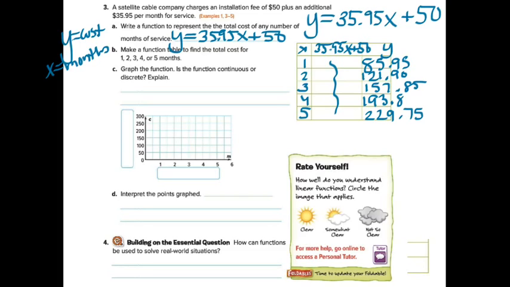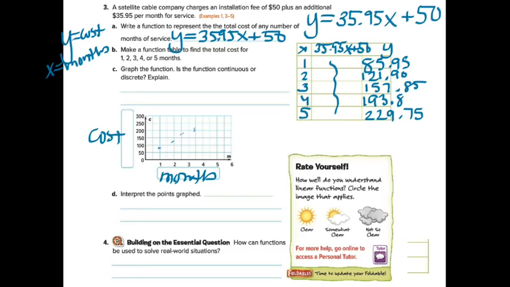Now C, they want you to graph and interpret it. If we look at our x coordinate, it is months, and our y coordinate is cost. So you're just going to have to do your best at getting your points close to where they need to be. Mine is going to be difficult because my pen is big and my screen here is small, but you'll be able to get the point. 3 months, it's about 156. 4 months, about 198.